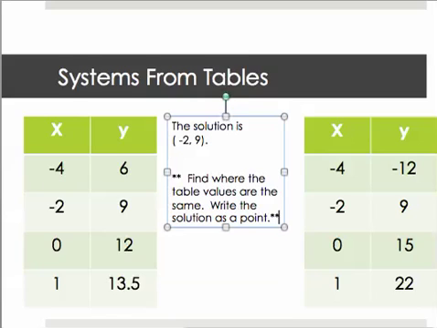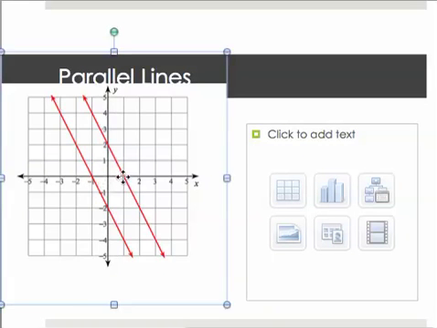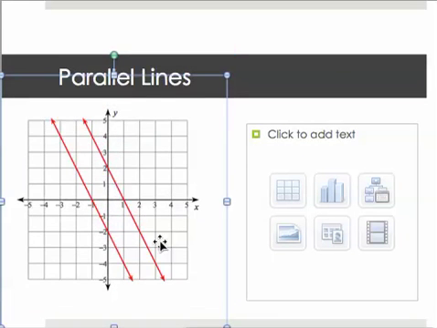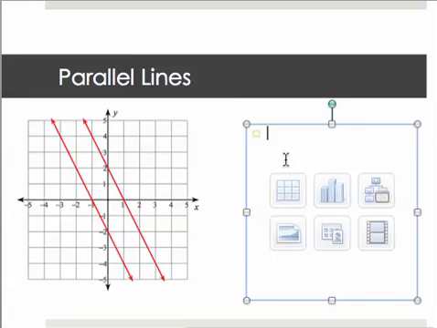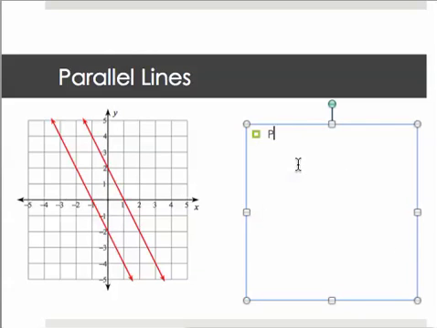Okay? One thing we need to talk about also is parallel lines. So write parallel and kind of sketch this graph. Pause if you need to. And what I really need you to write down is parallel lines never cross. We know this. Parallel lines have the same slope, they're going in the same direction forever, they're never, ever, ever going to cross.